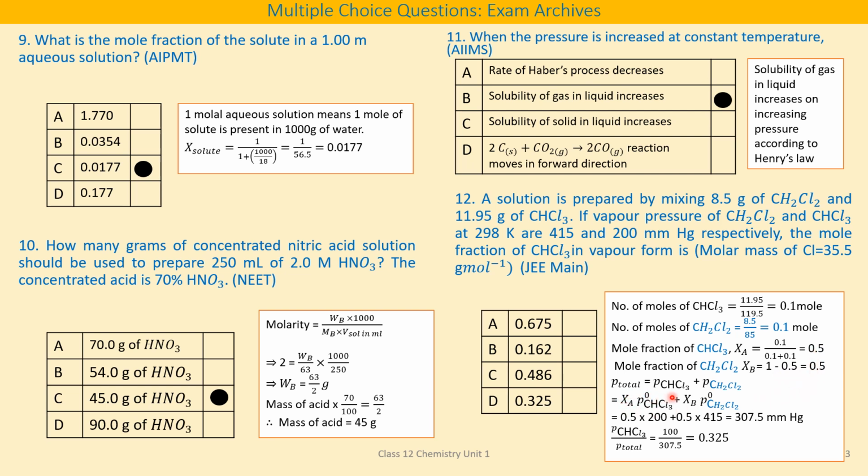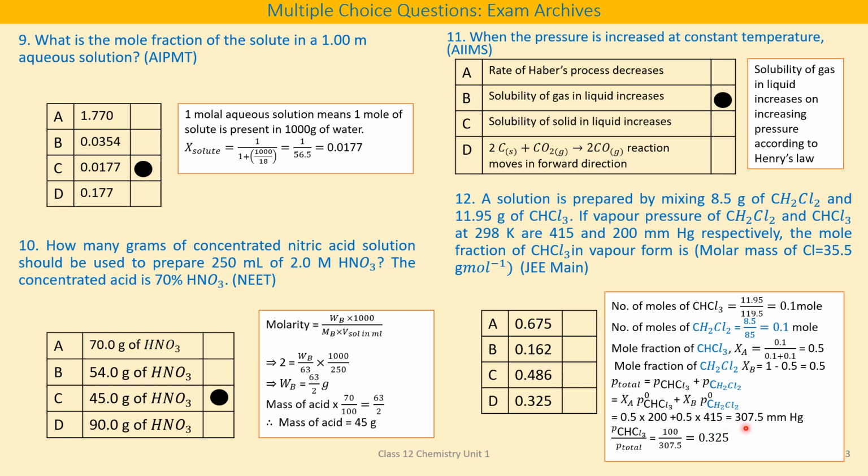So therefore, P total will be equal to partial pressure of CHCl3 plus partial pressure of CH2Cl2. That is equal to XA into P naught of CHCl3 plus XB into P naught of CH2Cl2. Substituting the values from the above, we get 0.5 into 200 plus 0.5 into 415.